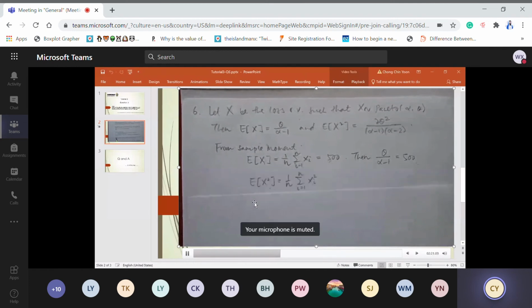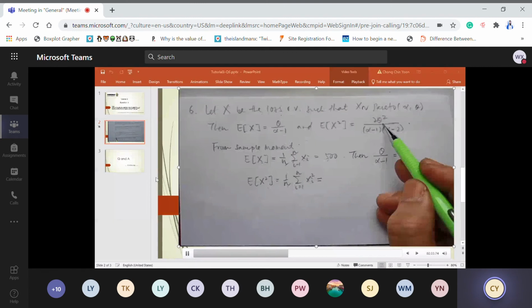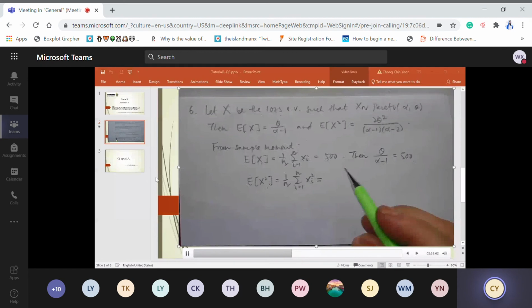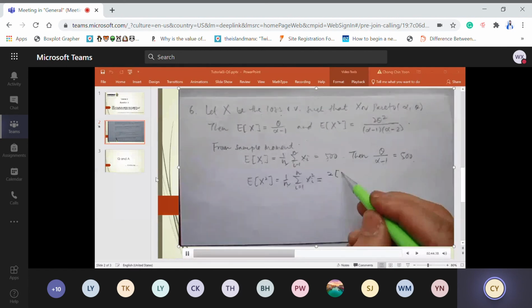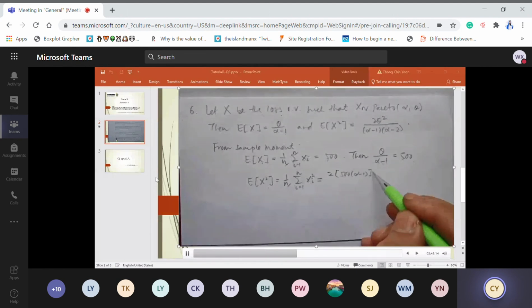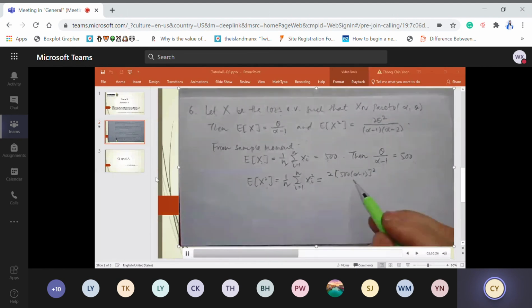Similarly, we will have the second raw moment, which is equal to the summation of xi squared divided by n. And this will be equal to this, and we substitute our theta inside here, so we will have 2 times theta square, that is 500 multiplied by alpha minus 1 square, divided by alpha minus 1 times alpha minus 2.